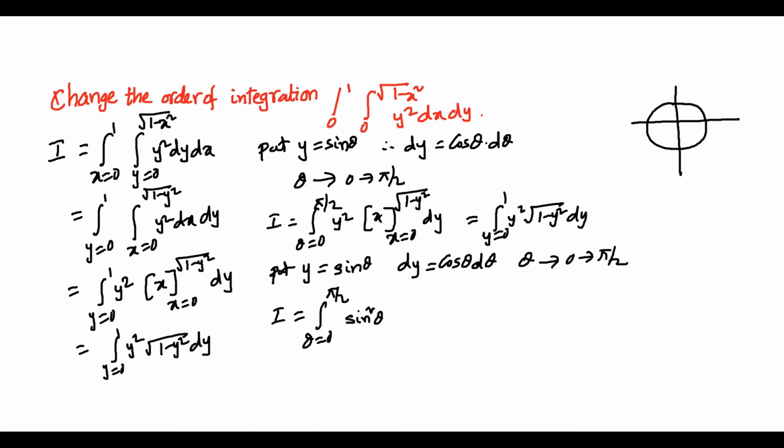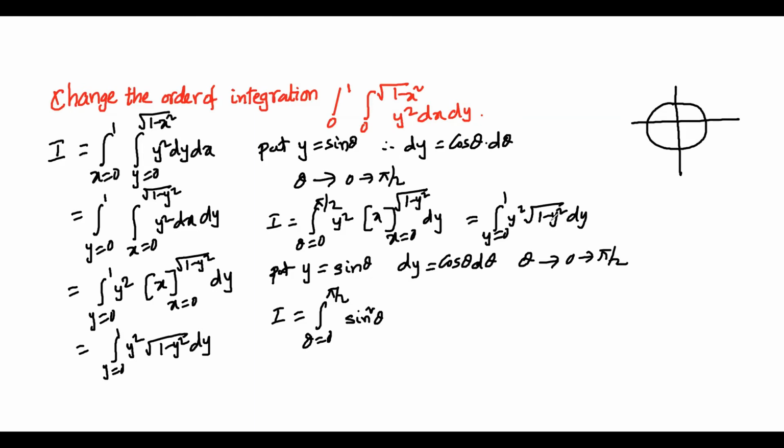Here, what can you replace the x value with? Can you put it as cos square theta? Sorry, here y is equal to sin theta, square root of 1 minus y square. So square root of 1 minus sin square theta is square root of cos square theta, which is equal to cos theta.